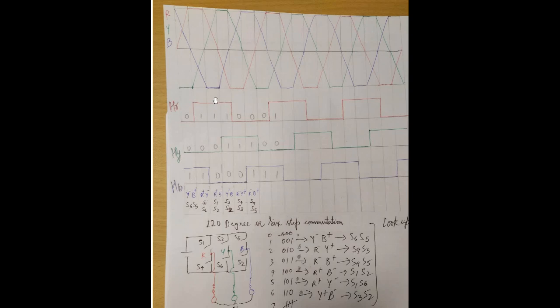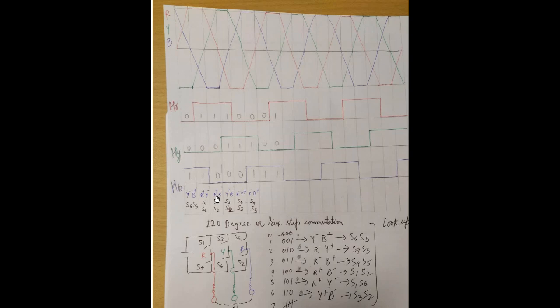If we see the next 60 degree commutation period, where we are receiving the logic of 100 from the three Hall sensors, it means that our B phase should be connected to the negative DC link by turning on our switch S2. And here we can see that the other two phases, R phase and Y phase, are changing state.